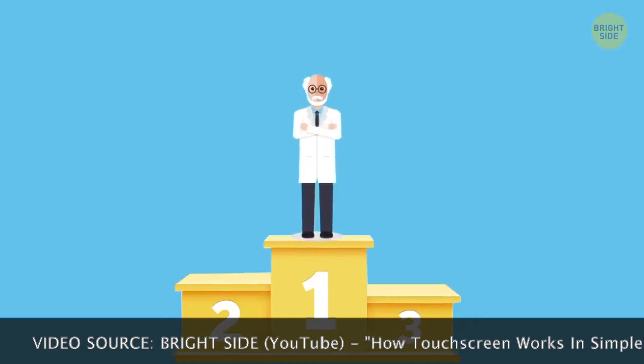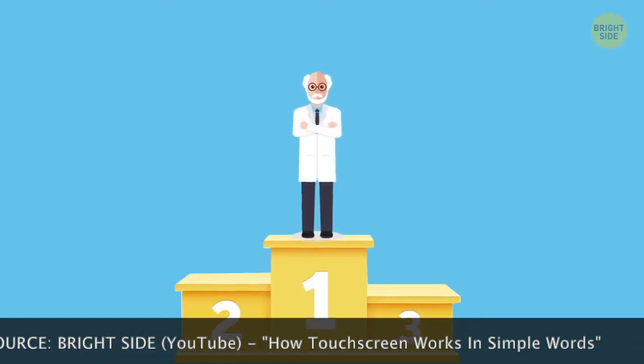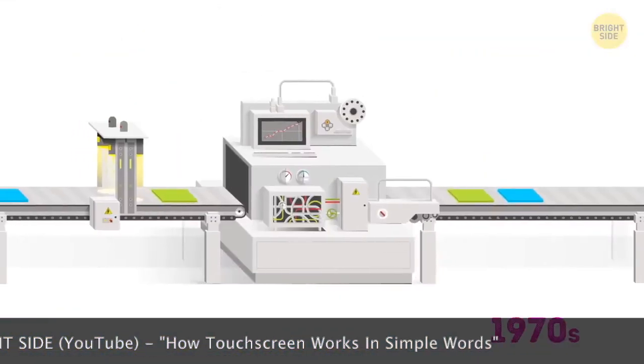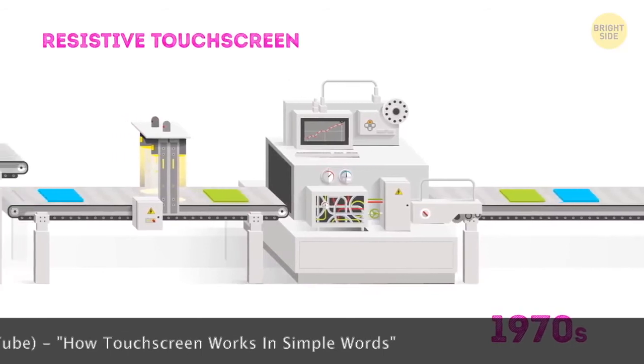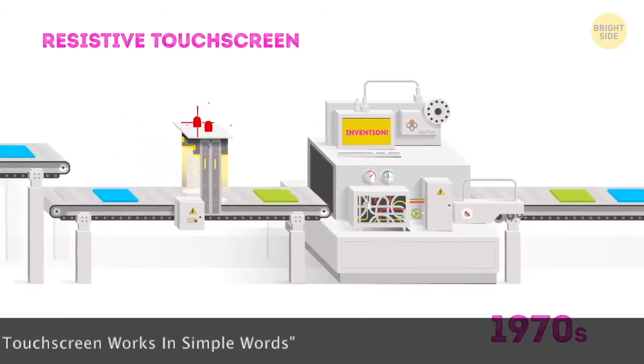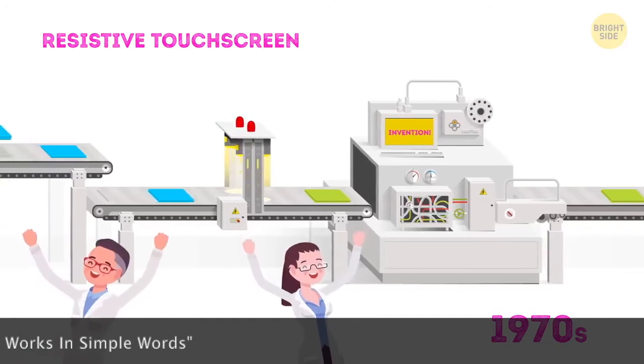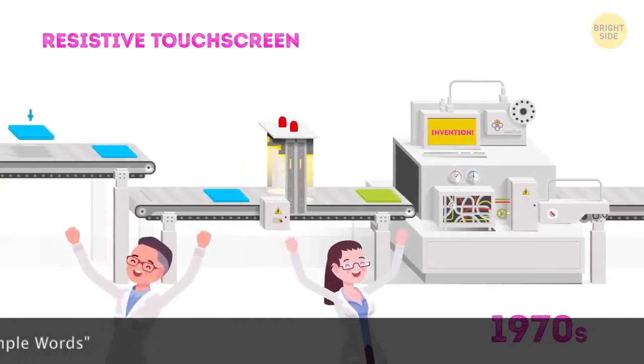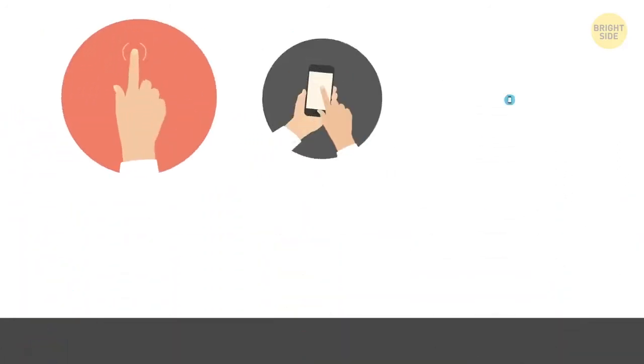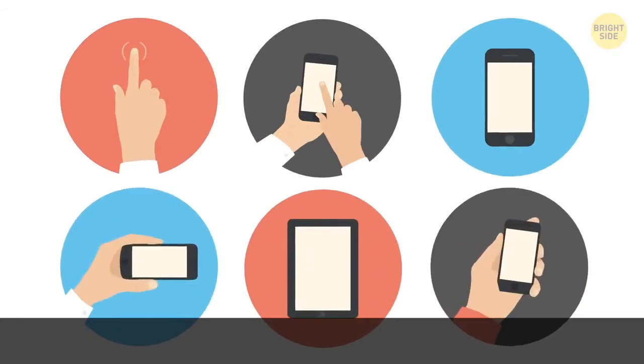But even though Johnson was the first to create touchscreen technology, these displays hadn't gained popularity till the 1970s, when the resistive touchscreen was accidentally invented. The what now, and what was created accidentally? I'll get into the different kinds of displays shortly, bear with me.